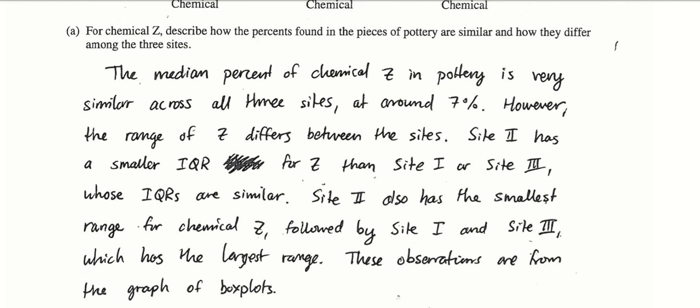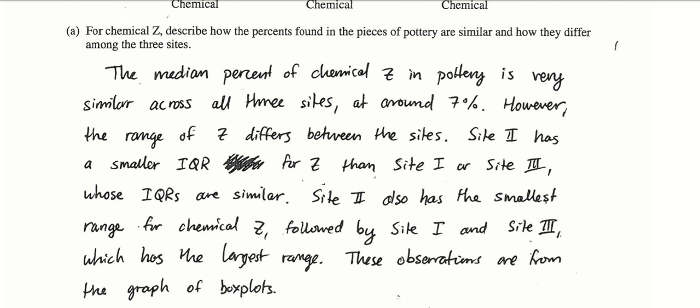This student here did an excellent job of comparing the chemicals across the 3 sites using SOCS, but using it discretely. So you want to use comparative language, like talk about the centers on all of them, talk about the spread on all of them, who has it bigger, whose is bigger, whose is smaller.